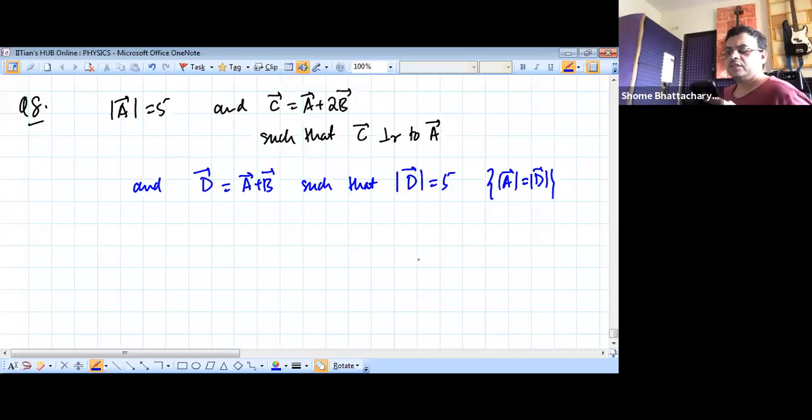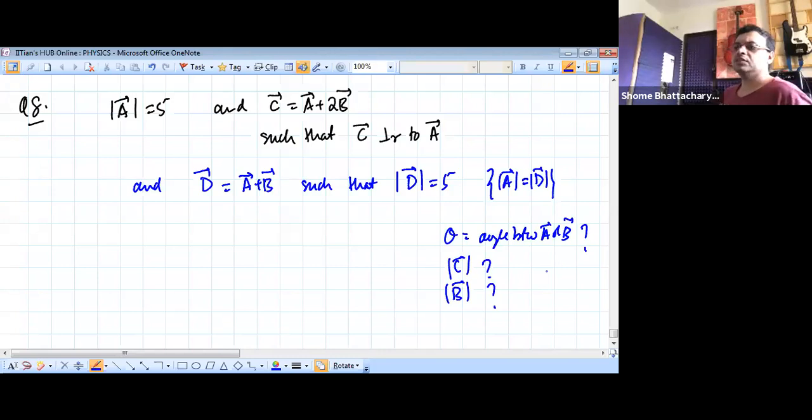Now we have to find various things. We have to find the angle between A and B. We have to find the magnitude of C. We have to find the magnitude of B. These are all the things we have to find out. So see, there is information given to us about two additions.